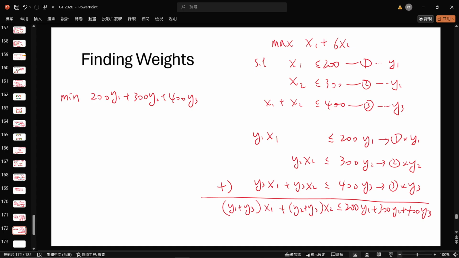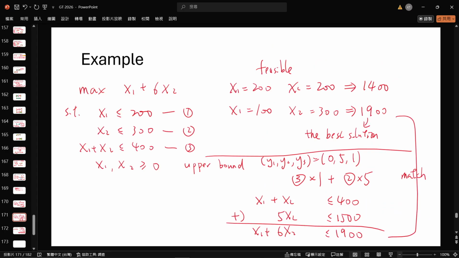So the constraint is that when you look at the left-hand side, at least it should match the objective function in the original problem. So if the original problem is to maximize x1 plus 6x2, then I want to find some upper bounds related to this.